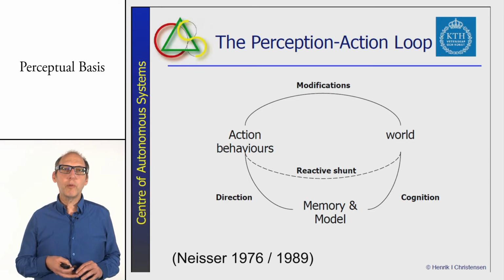But at the same time, there was also some memory and some model built up. And at the moment that the expectations of those actions don't fit anymore, you know that you could change some of your behaviors.